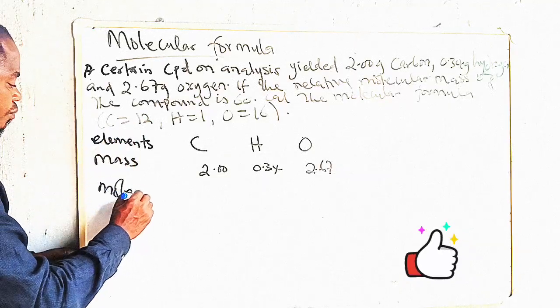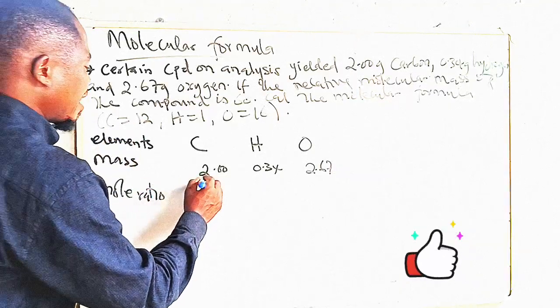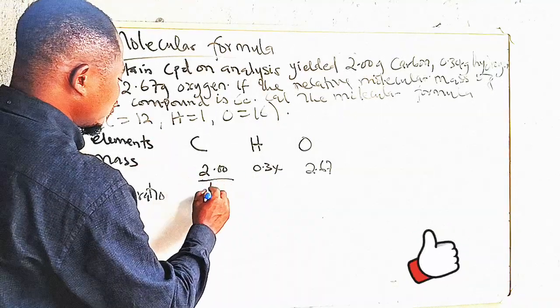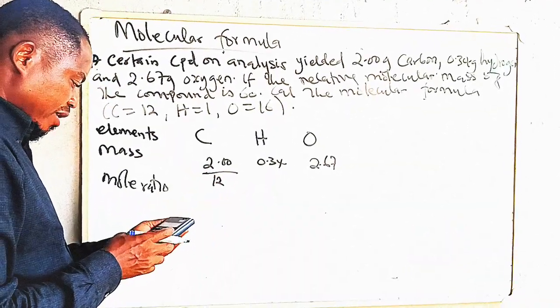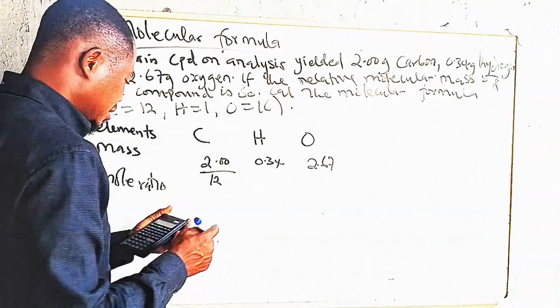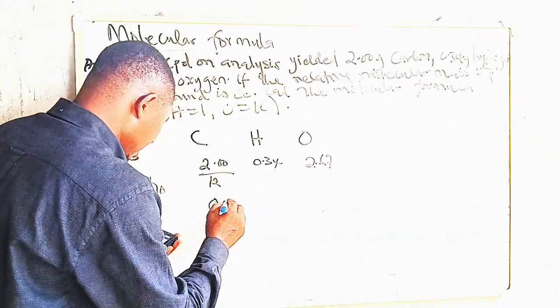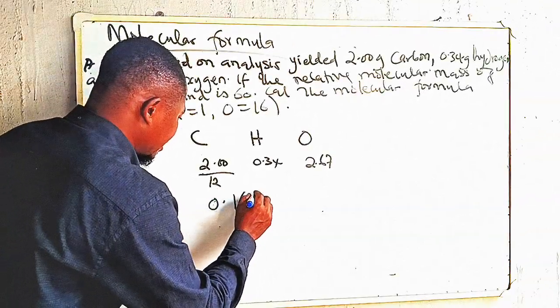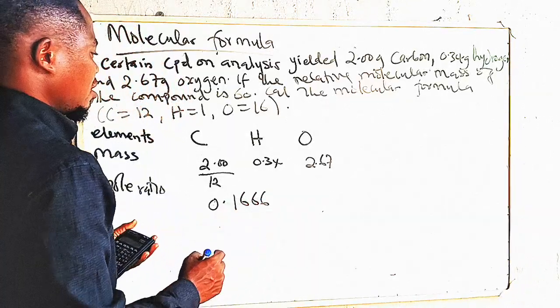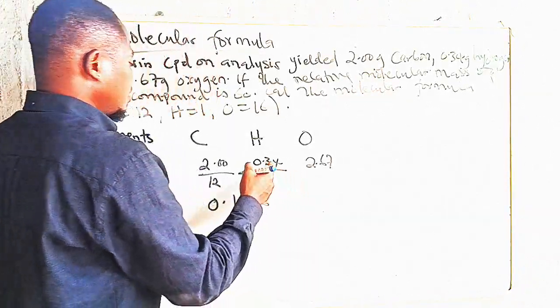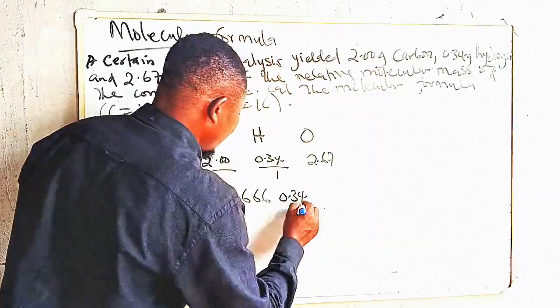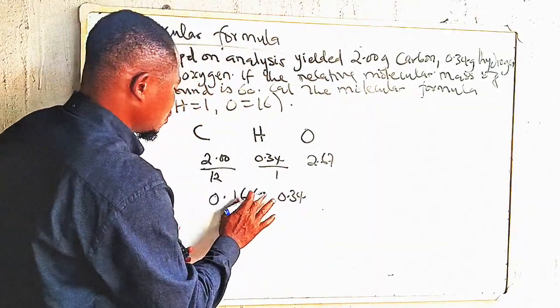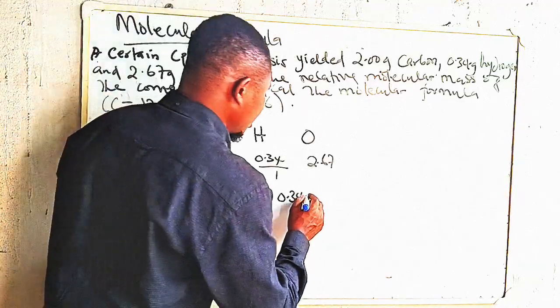Now, let's find their mole ratio by dividing through by their molar mass. Carbon is 12, so we divide by 12. 2 divided by 12 gives 0.1666. Now we divide 0.34 by 1, which gives 0.34.